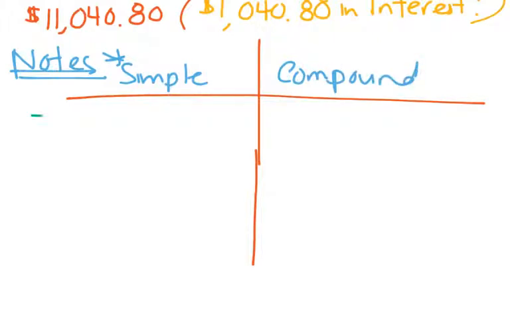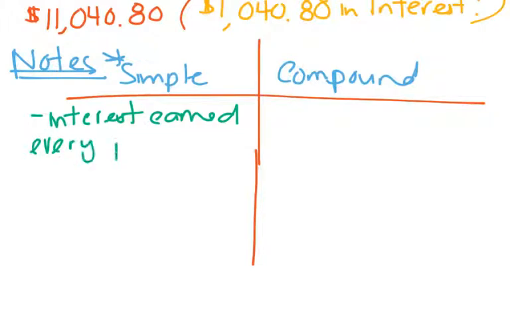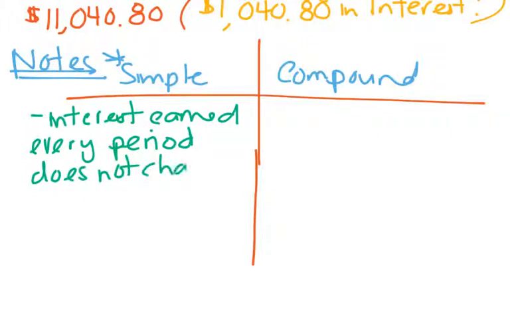Let's make the note that interest earned every period, so in this case it was every year, does not change. It stays the same.